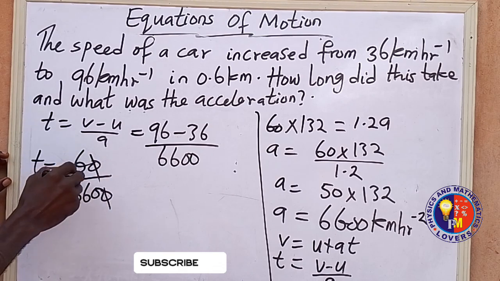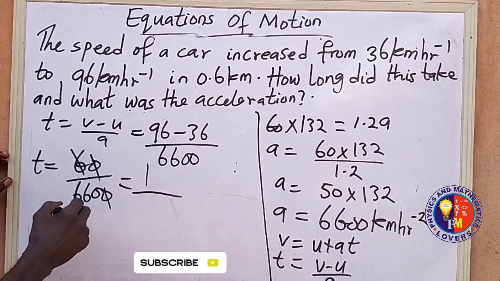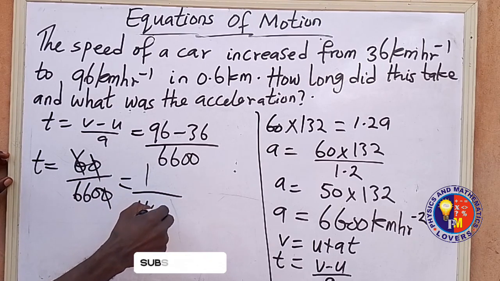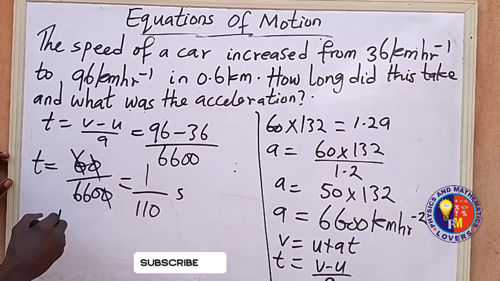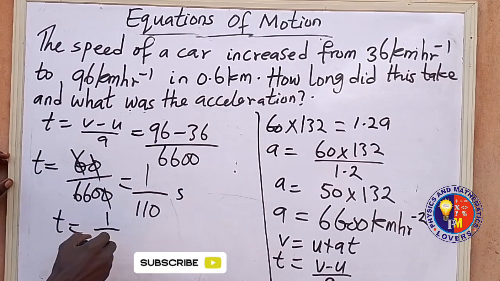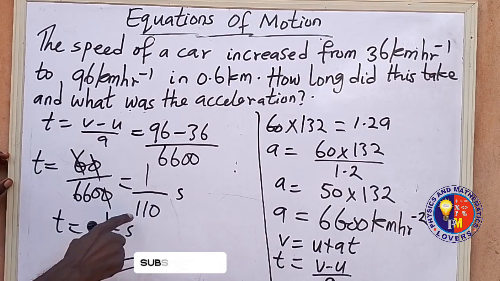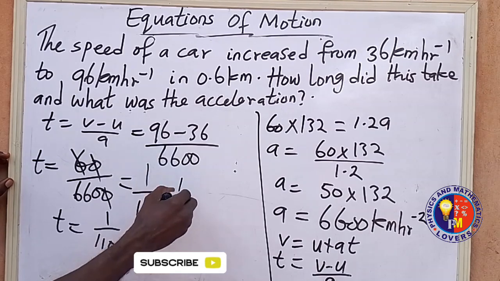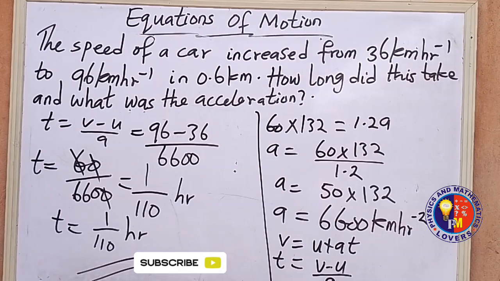So now this 6 here becomes 1, then 6 here becomes 110. So we can leave the answer like this. So your t is 1 over 110 seconds. Though this is not seconds anymore, it's hour, because the time is in hour. Okay, that's the answer to the question.